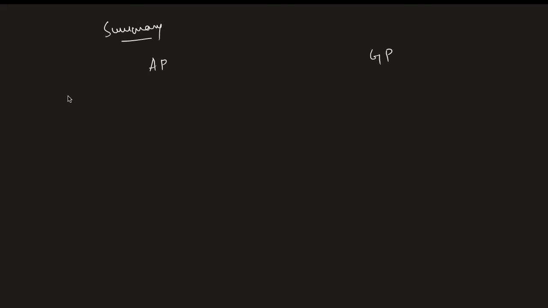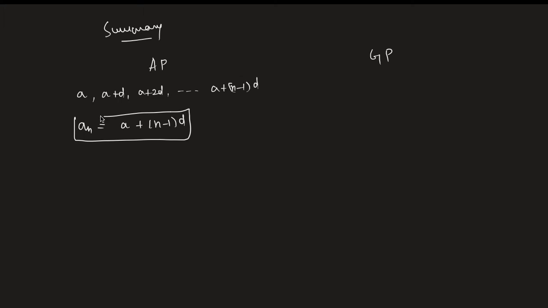First, the general formula for how we represent any given AP series: a plus (n minus 1) d. Any given term can be represented by this formula, where a is the first term, n is the number of terms, d is the common difference.